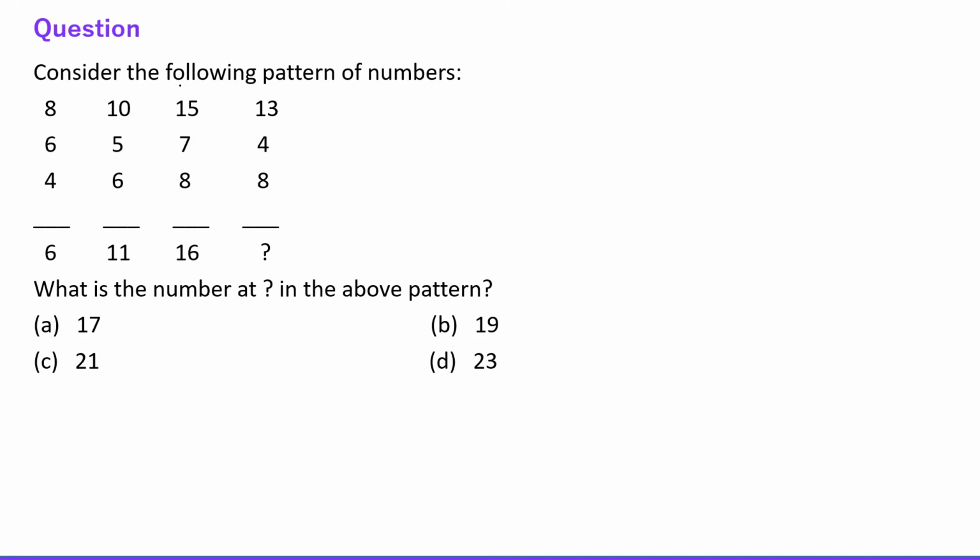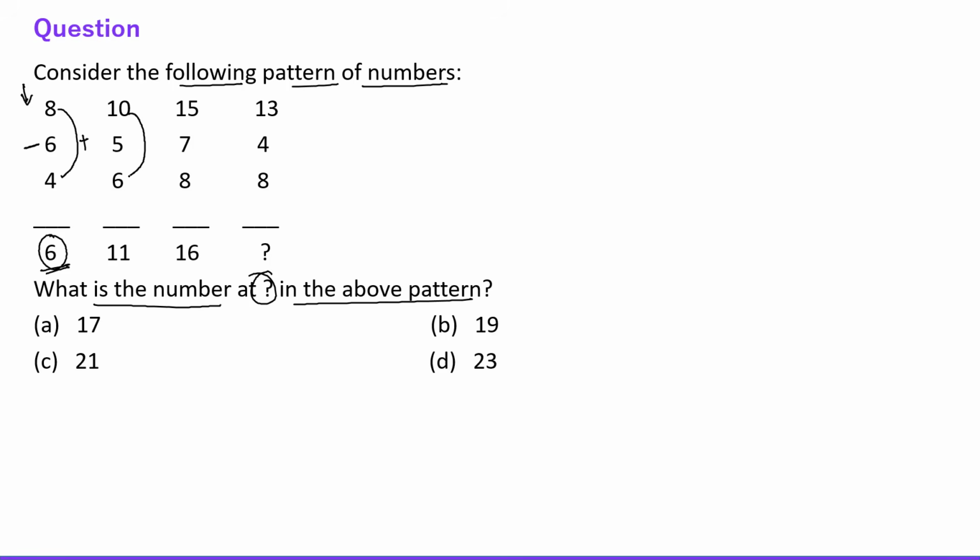The next question says consider the following pattern of numbers. Numbers are given. The question is what is the number at the question mark in the above pattern. Here friends we will talk about the numbers column wise. In the first column, 8, 6, 4: 8 plus 4 is 12, 12 minus 6 is 6.